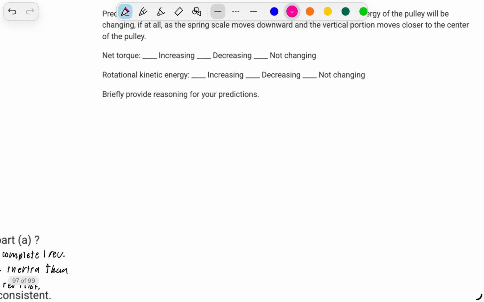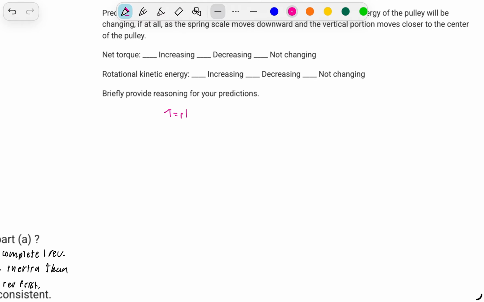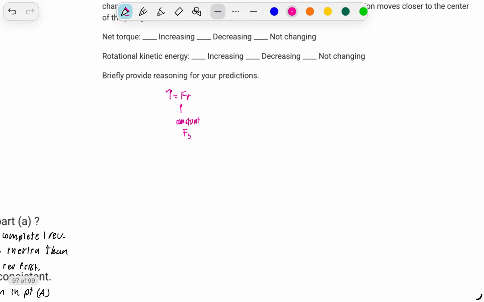To calculate torque, it is equal to RF or FR, in that order. So we know that here F is going to be constant, which is going to be Fs, but we don't have a constant radius. We have a radius that is going to be decreasing. So we can see that radius is directly proportional to torque, so torque is also going to be decreasing.